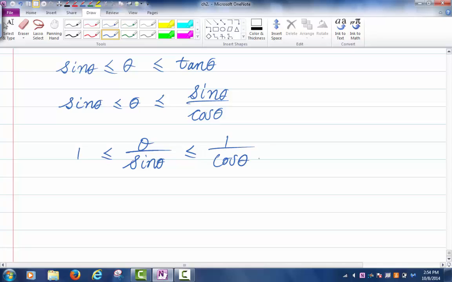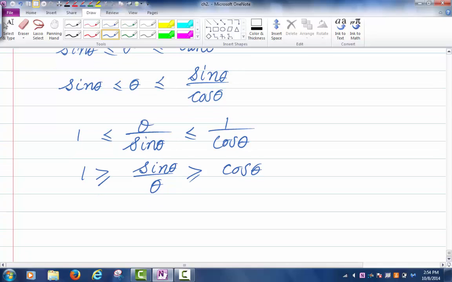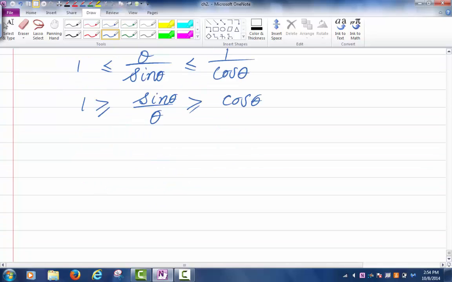And now I'm going to flip everything. So I get sine theta over theta, and if I flip here, I get cosine theta. Now notice that's the same as saying cosine theta is less than or equal to sine theta over theta less than or equal to 1.